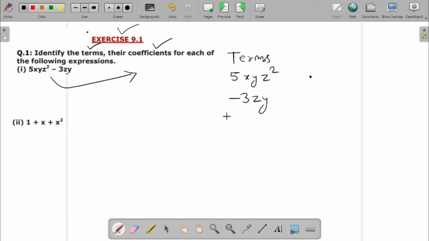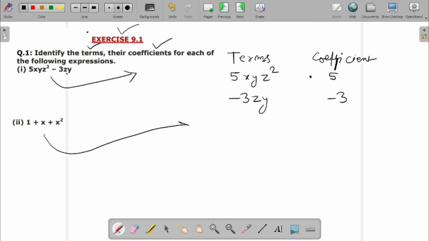This is a term. Now if you talk about coefficients, here 5 is the coefficient, here minus 3 is the coefficient.